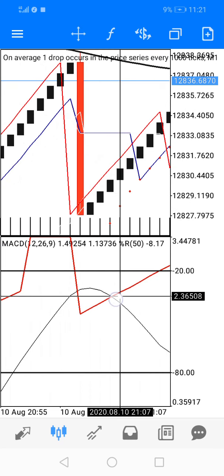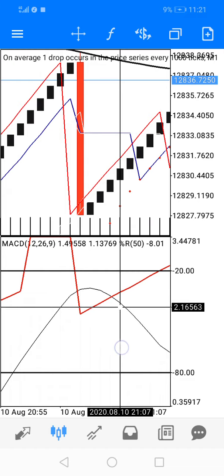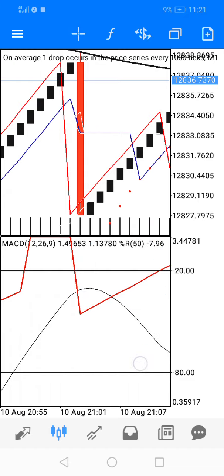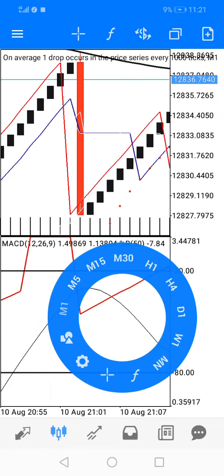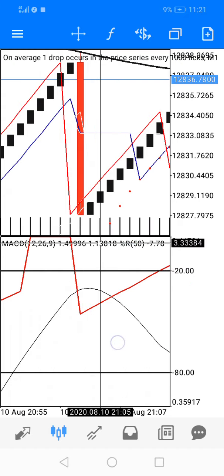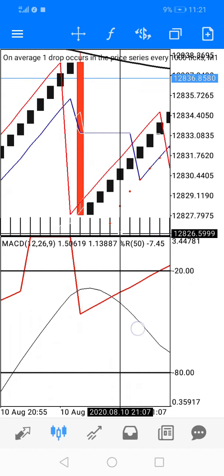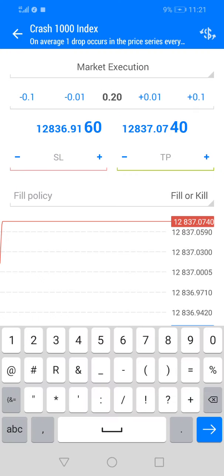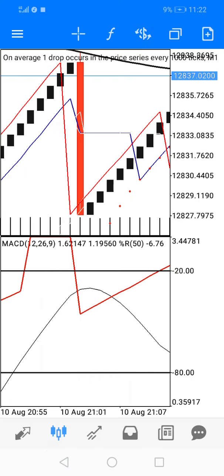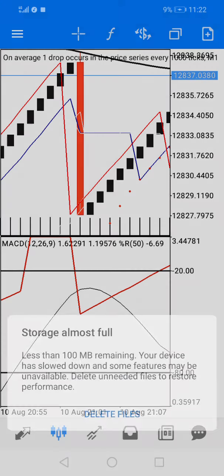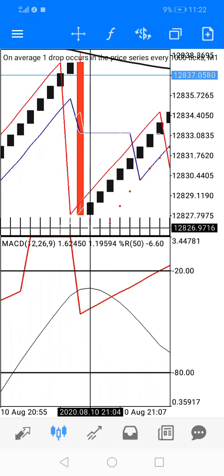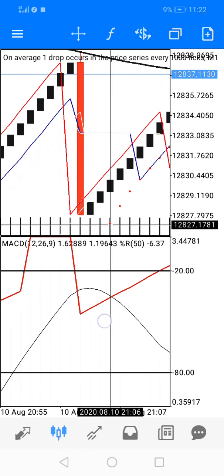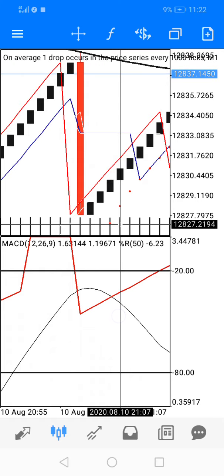When you see the MACD and the Williams percentage cross, you take one candle only, a $1 candle. You just trade $1. When you see them cross, you take this candle, then you go out.